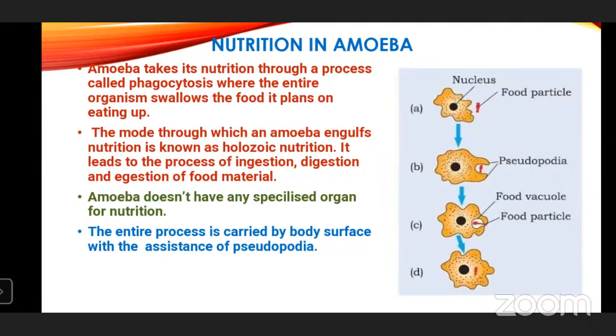For food intake, temporary pseudopodia, extensions of the cell surface, fuse over the food particle forming a food vacuole. Inside the food vacuole, complex substances are broken down into simpler ones, and then diffuse into the cytoplasm.